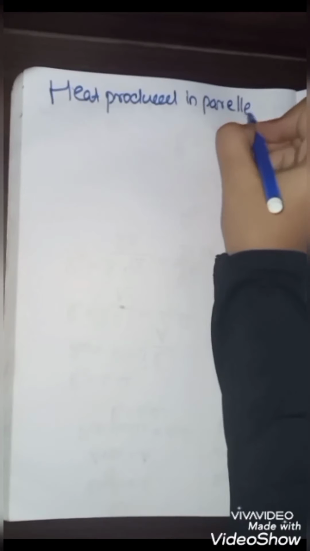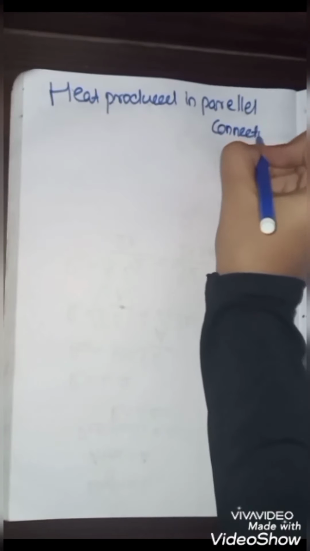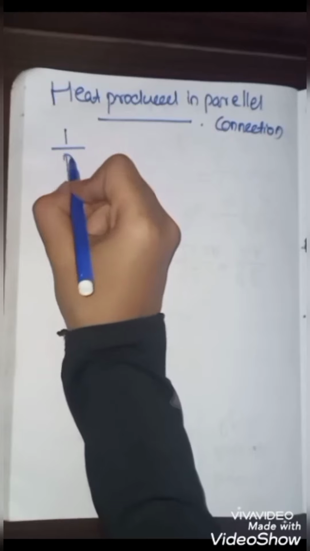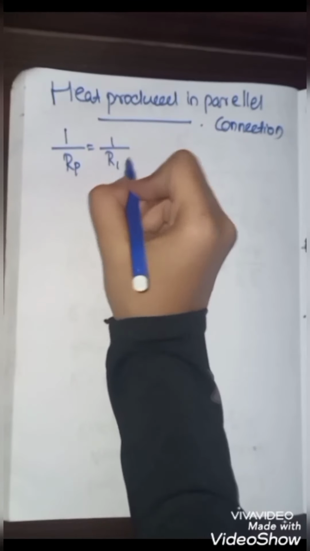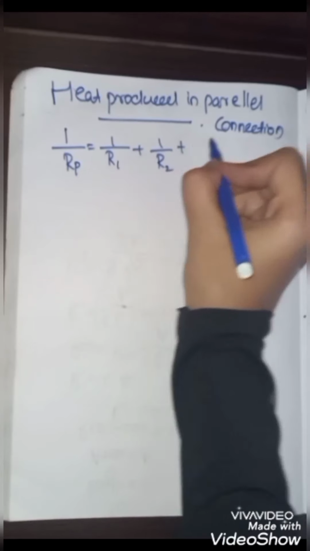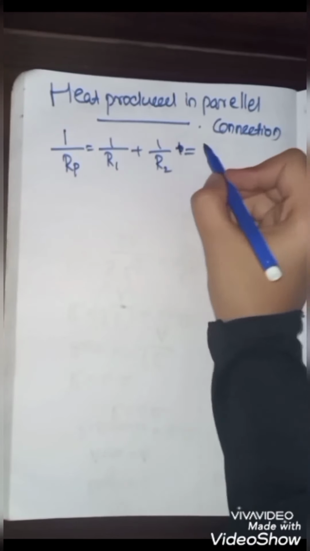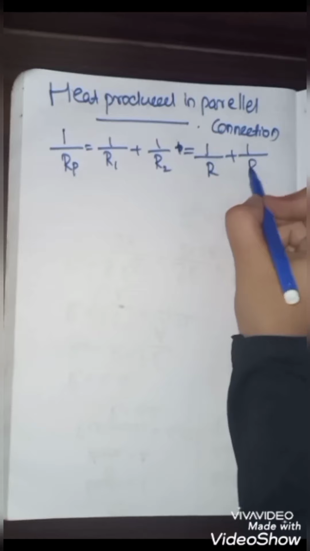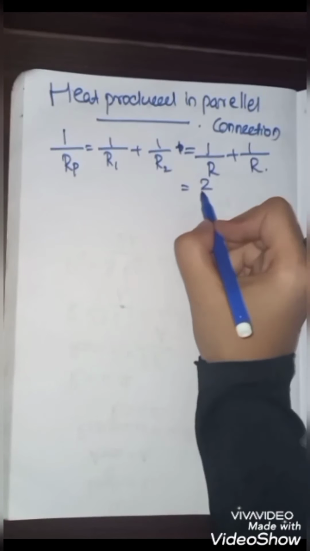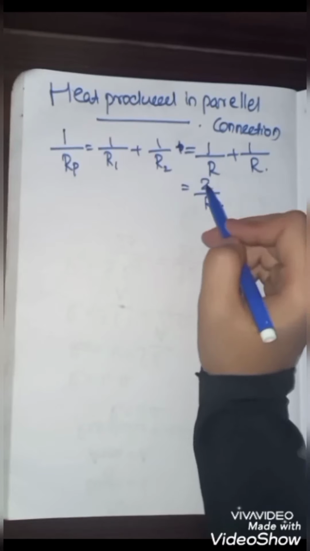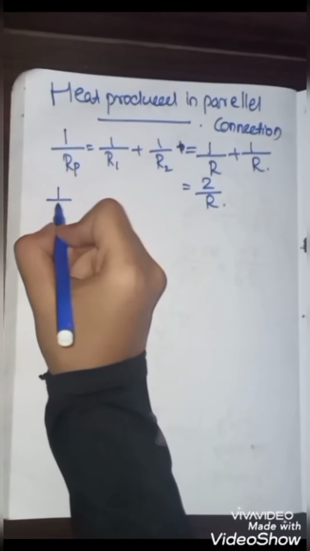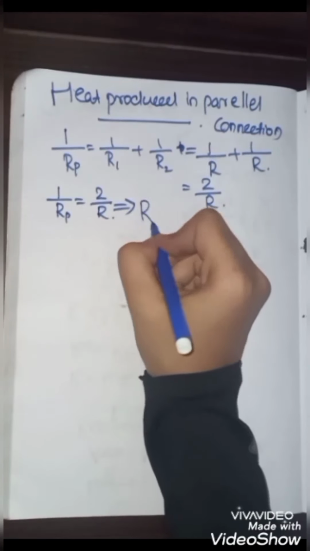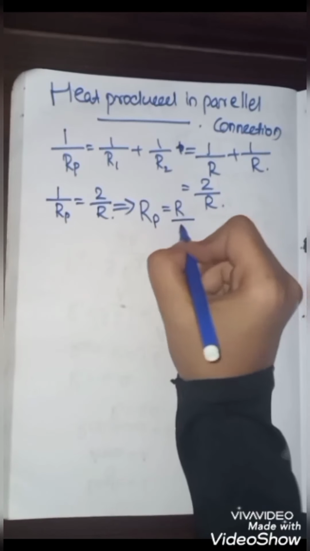Heat produced in parallel connection. The resistance in parallel connection: 1 by Rp is equal to 1 by R1 plus 1 by R2, which is 1 by R plus 1 by R, that is 2 by R. Therefore, 1 by Rp is equal to 2 by R, so Rp is equal to R by 2.